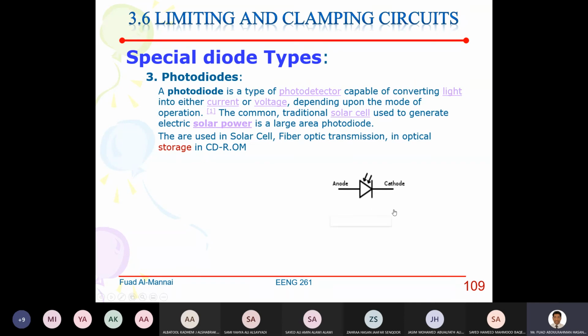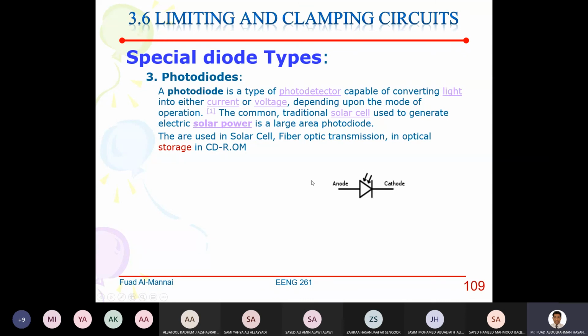The symbol for it is this, with two arrows coming in as a beam of light. And we use this in solar, in fiber optic transmission, in optical storage, or in CD-ROM.